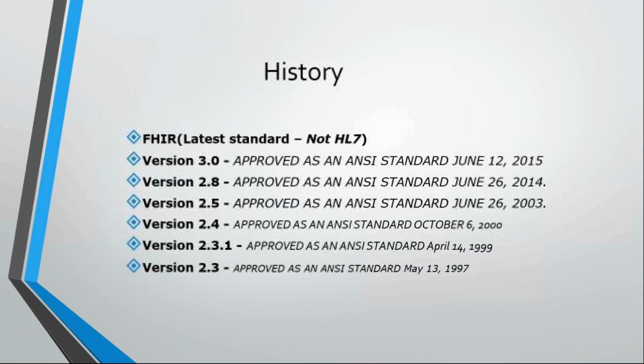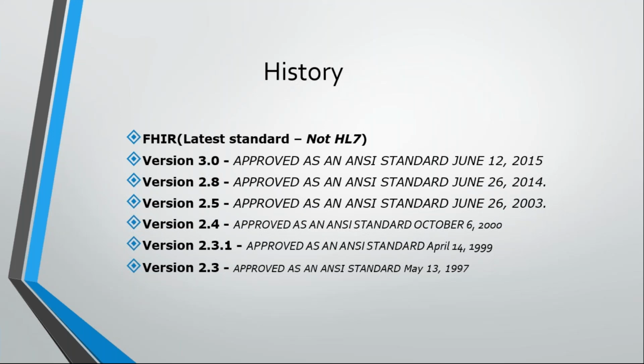We'll quickly take a look at the history of HL7. As I said, 2.3 is the one which has been used for a long time. Many implementations in the industry have used the 2.3 and 2.3.1 versions. But later, as we proceeded, we got new versions like 2.4, 2.5, 2.8, and 3. 2.4 was released in 2000, 2.5 in 2003, 2.8 in 2004, and 3 in 2015.